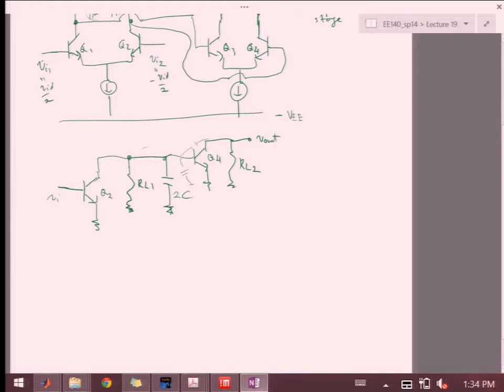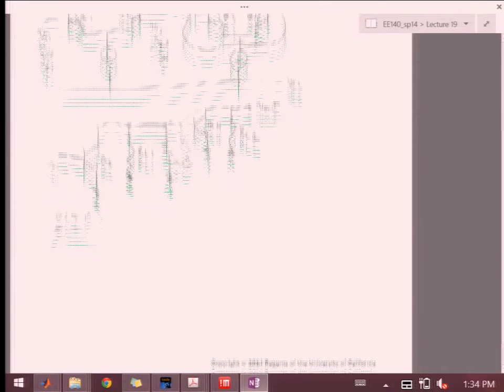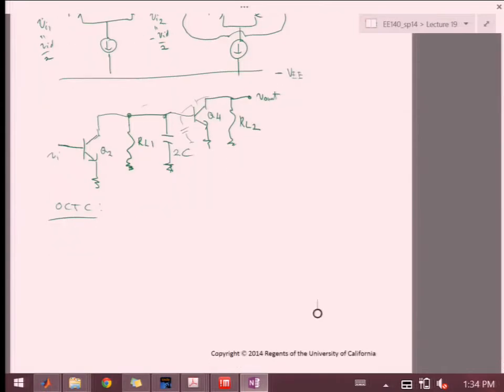So then I can use the open circuit time constant, or zero value time constant, to say, okay, what is the new pole that this capacitance sees, right? In that case, I can say that the dominant pole now, which we can call P1 prime, is what? Okay, we have 2C, and then what resistance do we see from 2C?